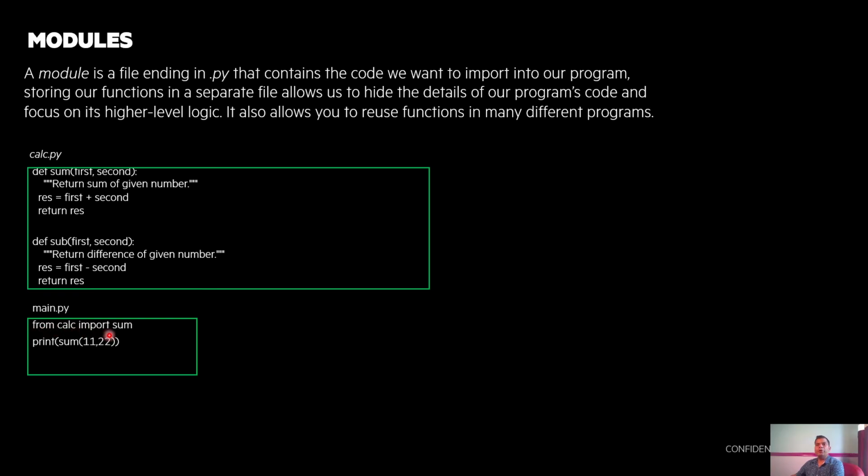From this module, we are calling this particular function and just using that. So we are just hiding everything behind this module. And this program main.py looks very straightforward about what it is supposed to do. It is supposed to do some sum, but sum has been defined inside the calculator, and the calculator is the module.